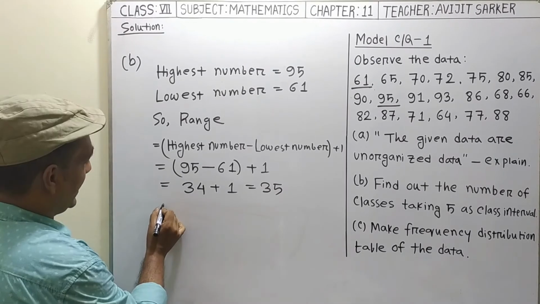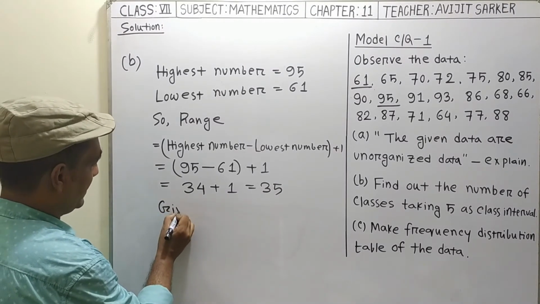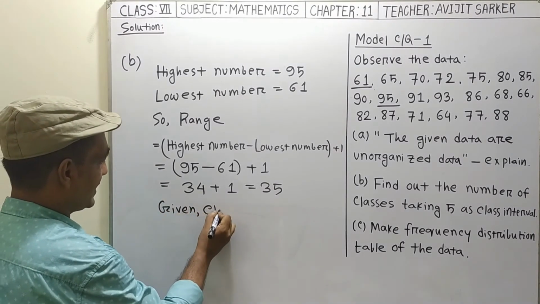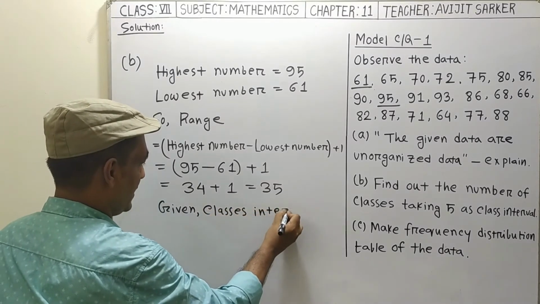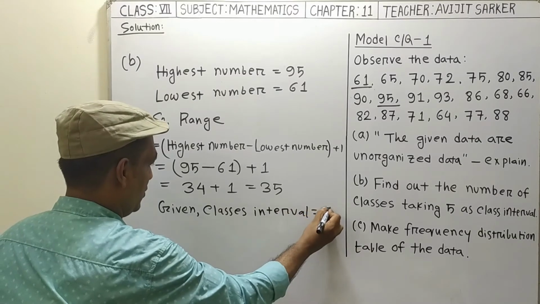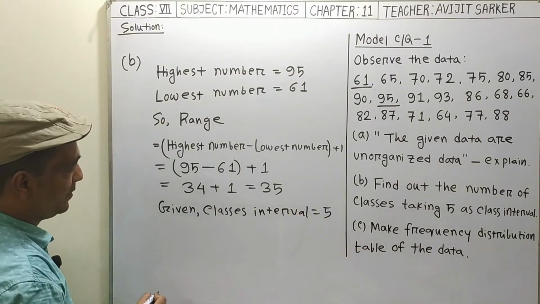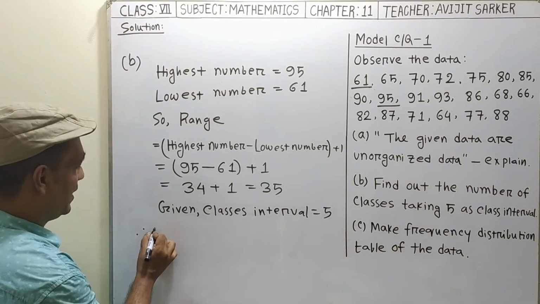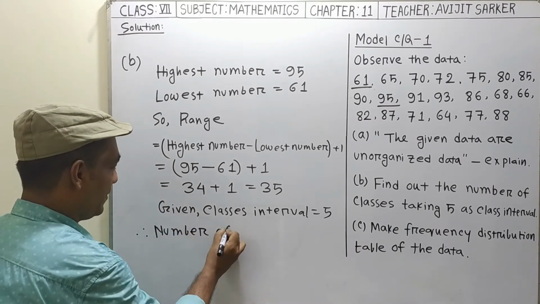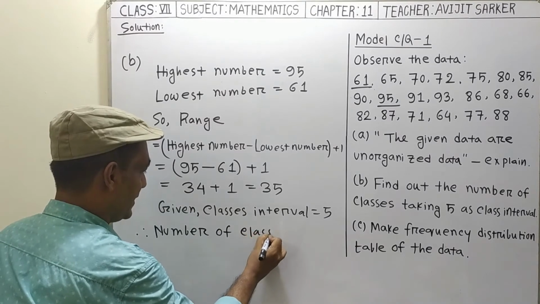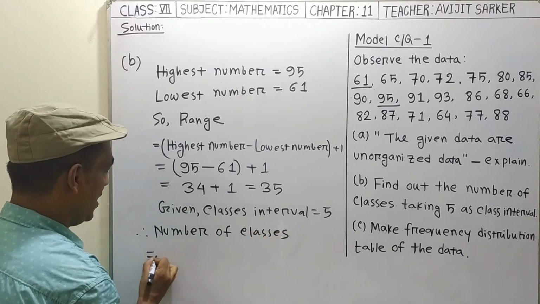Now given class interval equals 5. Class interval is 5. Therefore, what is the number of classes?